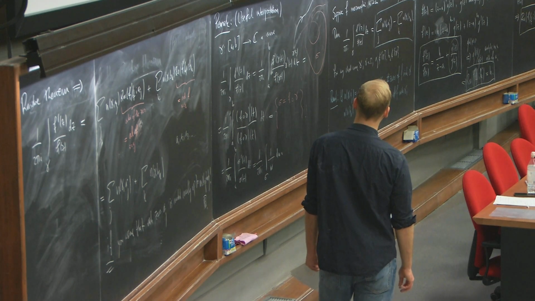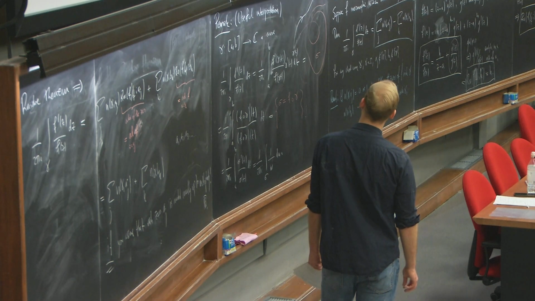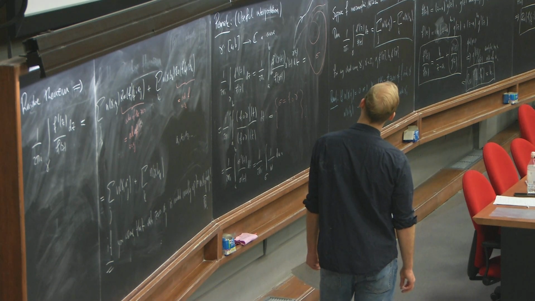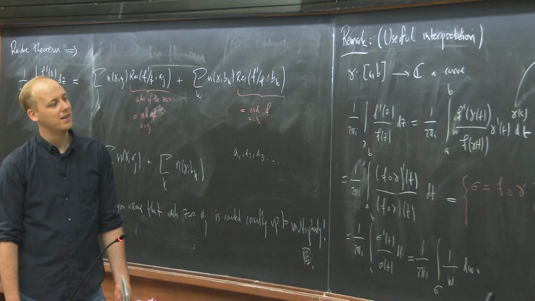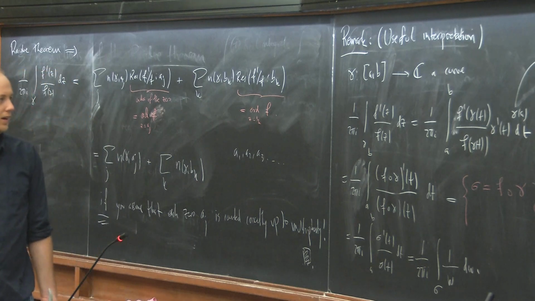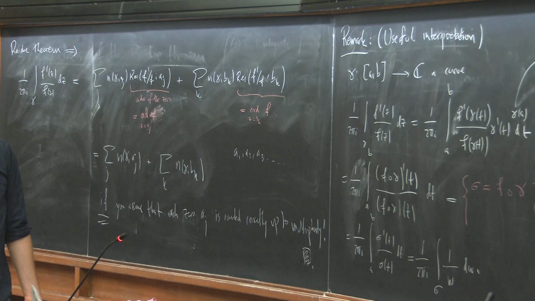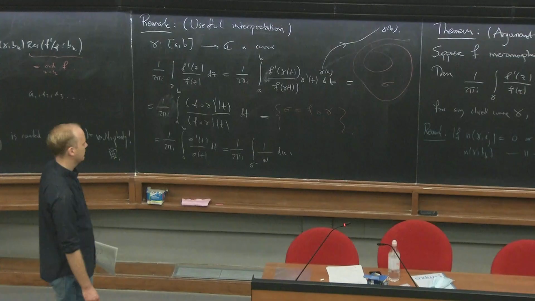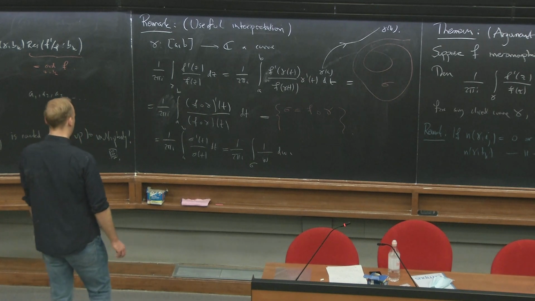Is this a winding number? It's not necessarily a winding number because sigma is not necessarily closed, and we defined the winding number over gamma to be a closed curve. Yeah.